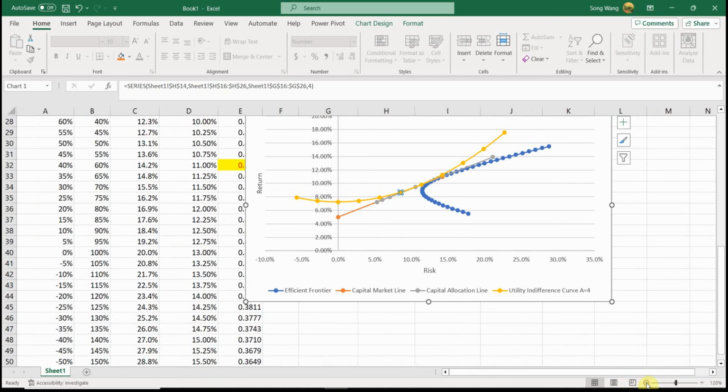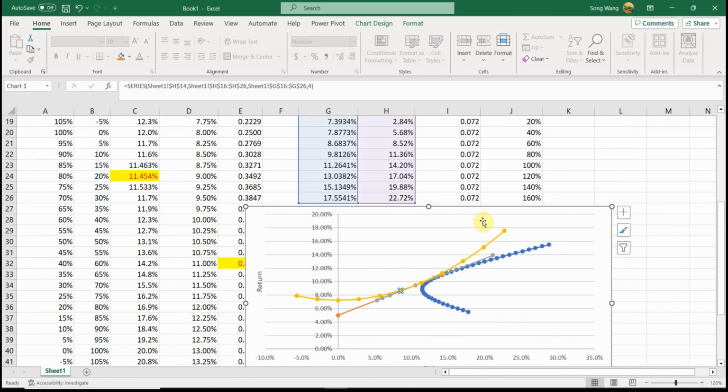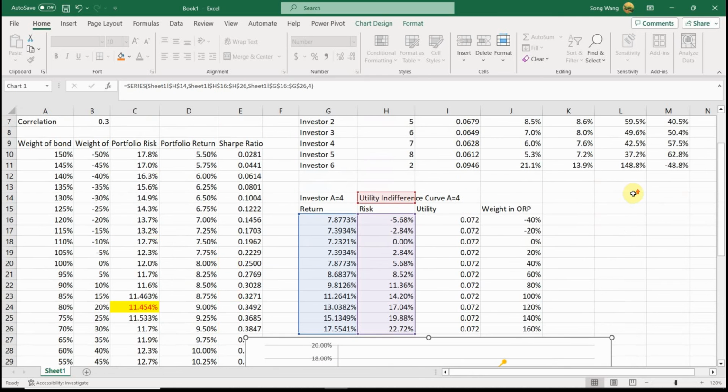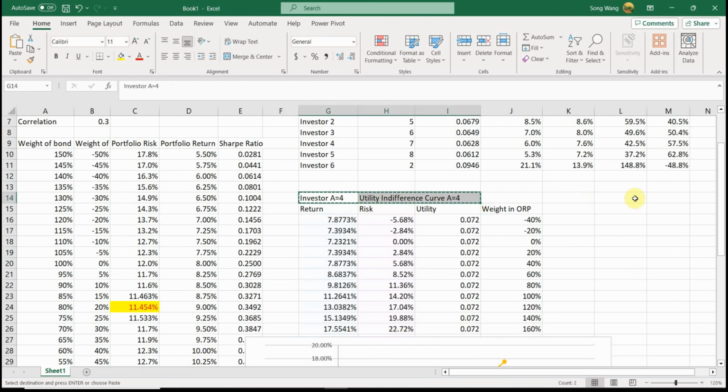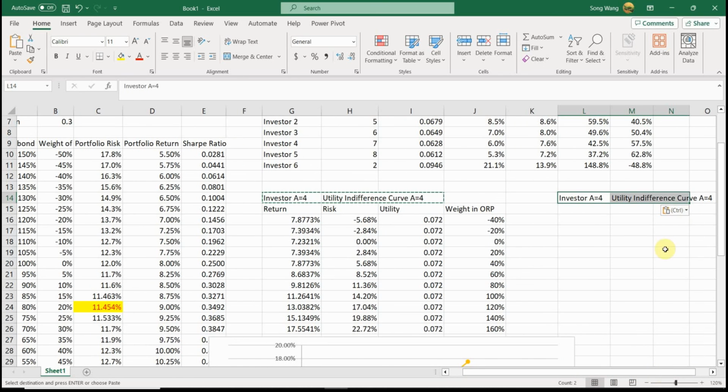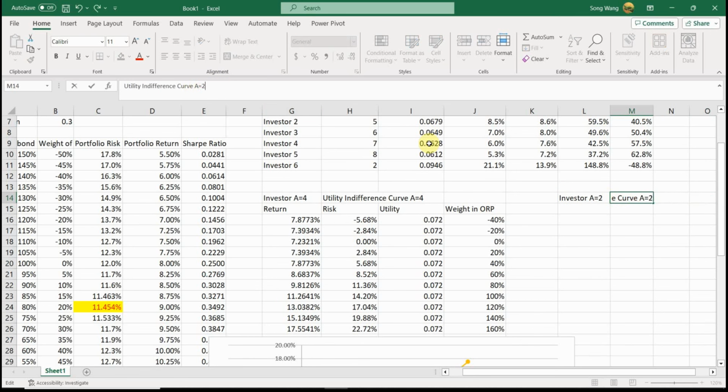All right, and all other people, they have their indifference curve. I can do another one for practice purposes. Let's say for investor A equals to 2. Okay, let's say for this guy A equals to 2, and for the curve it equals to 2, and I'm going to use the same return and risk.